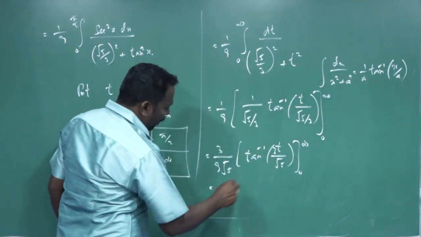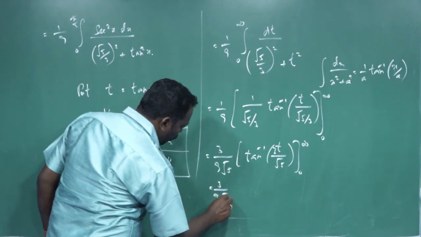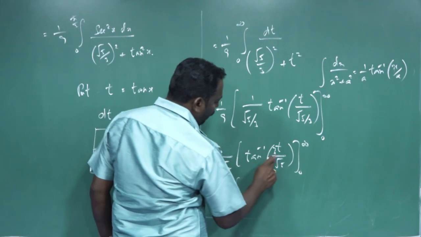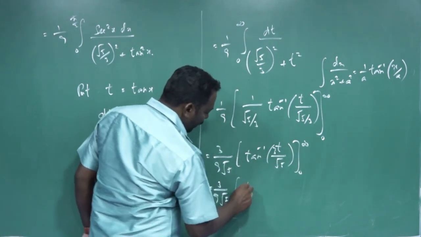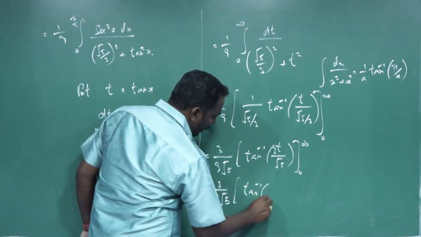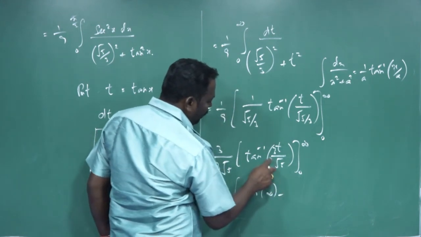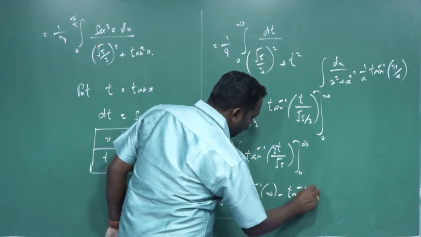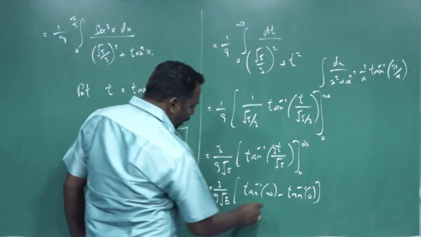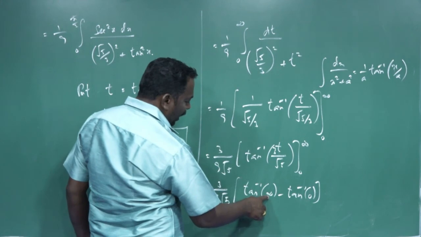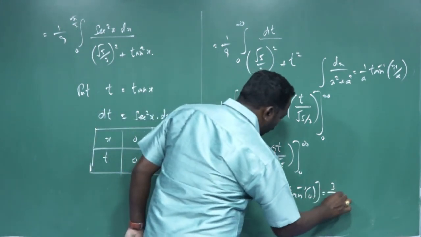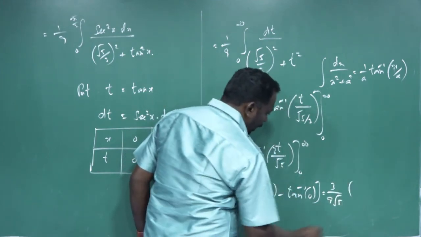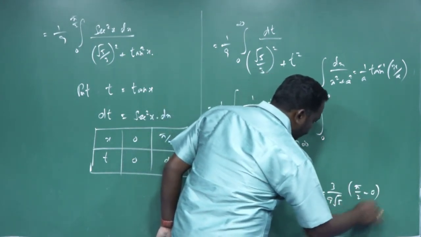Now put the upper limit value: 3 by 9 into root 5 as it is, within the bracket the upper limit gives tan inverse of infinity, minus tan inverse of 0 for the lower limit. Now tan 90 equals infinity, that is equal to 3 by 9 into root 5, and within the bracket pi by 2 minus 0.